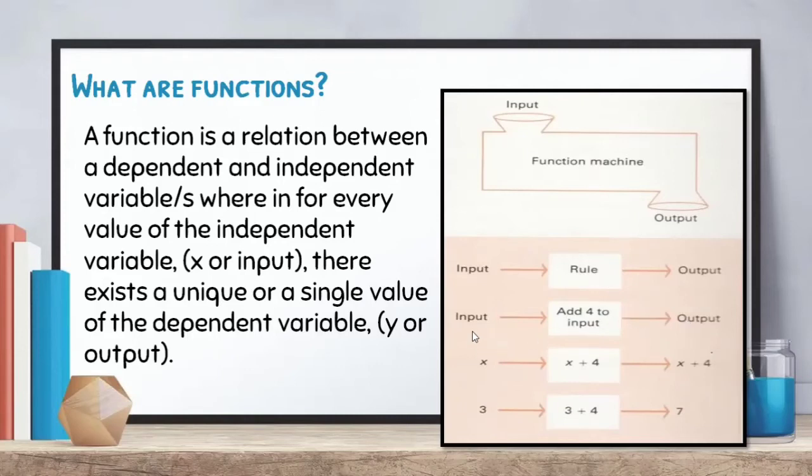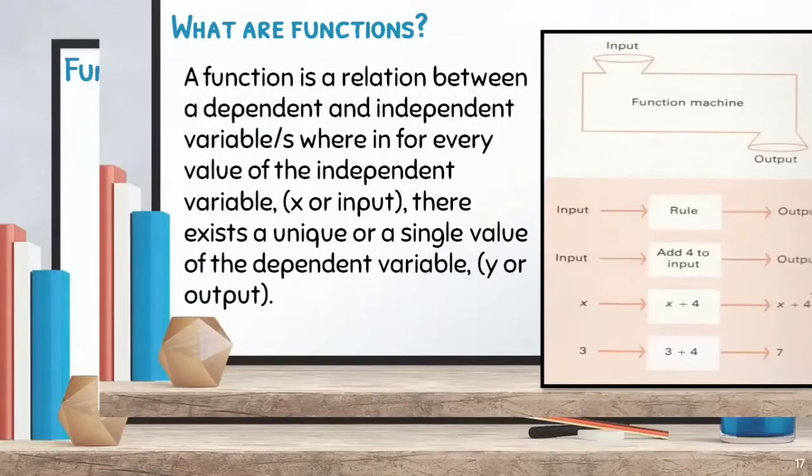For example, if we represent our input with x and our rule says that we're going to add 4 to our input, then our output will be the sum of x and 4. So for example, if the value of x is equal to 3, then our rule says we're going to add 4 to our 3, and thus our output is equal to 7, right?